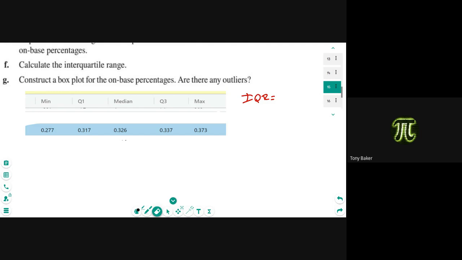So find me my IQR and find me where my outliers are. Can you do this on paper? Yes, you can do this on paper. That's fine. This is something you absolutely can do because it's a very simple calculation. So yes, this I would do on paper. Rubio won't give you this, at least if it does, I haven't found it yet.